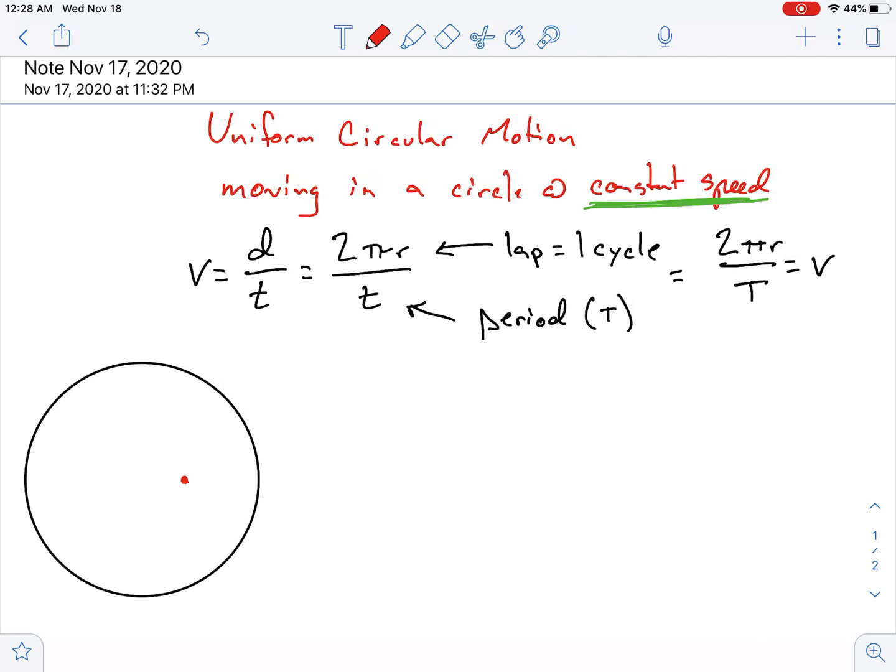Let's say I have one here that's a little bit closer to the center, and then I have a second one that's a little bit farther out from the center. And if we think about the amount of time it takes for these two objects to go, because the record is a solid piece of material, these two objects are going to complete their cycle in the same amount of time.